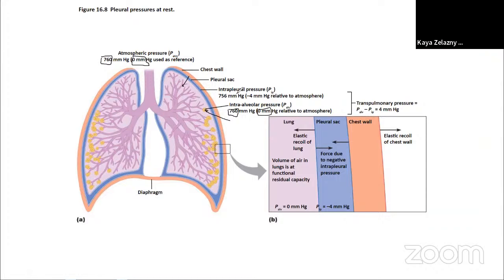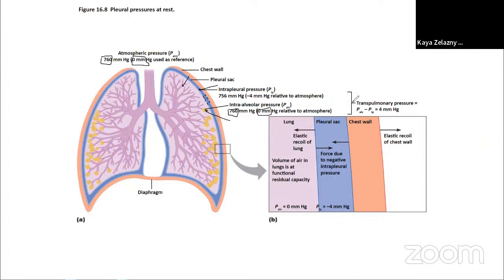So we're at rest, but we do still have an intrapleural pressure. So the intrapleural space inside the pleural sac is this dark blue, and then this very subtly lighter blue here would be the walls of the pleural sac lying on top of the lung and on top of the chest wall. So this would have a pressure of -4, keeping that lung tissue essentially touching the chest wall.